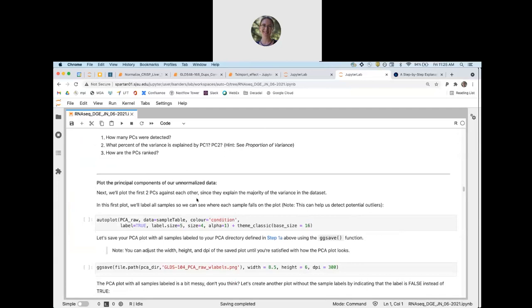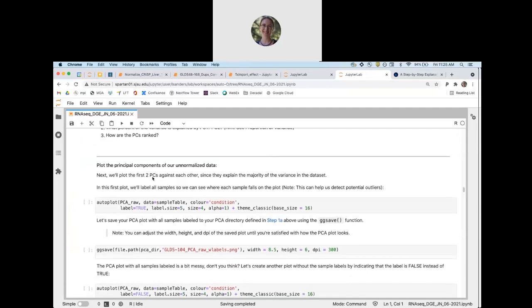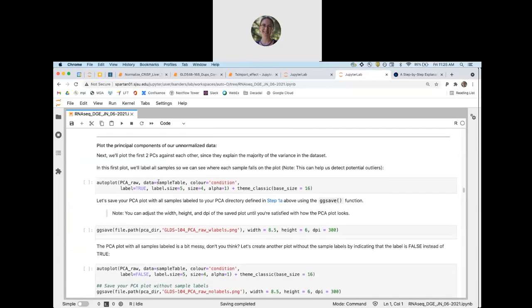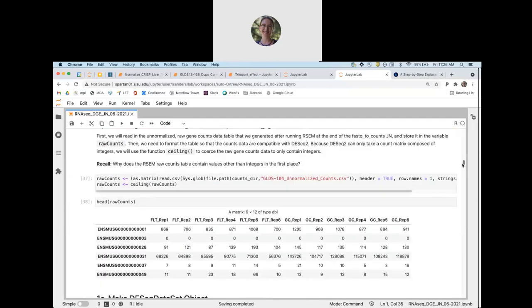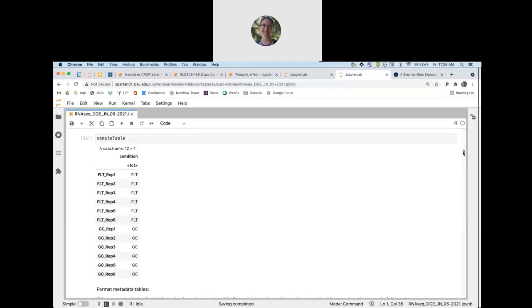All right, so let's go ahead and plot the first two principal components against each other in a scatter plot. We're going to use a function called autoplot, pass in our PCA results. We're including our sample table, which remember shows which samples are flight and which ones are ground control.